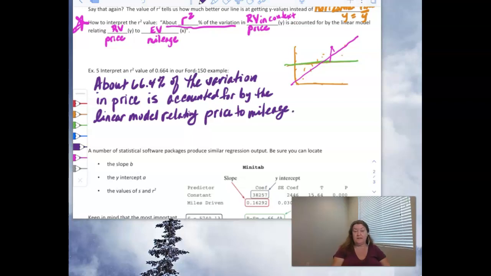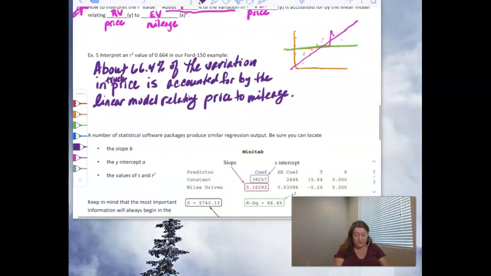And I am not kidding, it should be word for word. This is one that you actually do want to know and have written down word for word. Maybe I wanted to say Ford truck prices. All right, so 66% of the variation. So a little bit more than half are closer to my best fit line, or a better fit on my best fit line, than just taking the average y and using that.